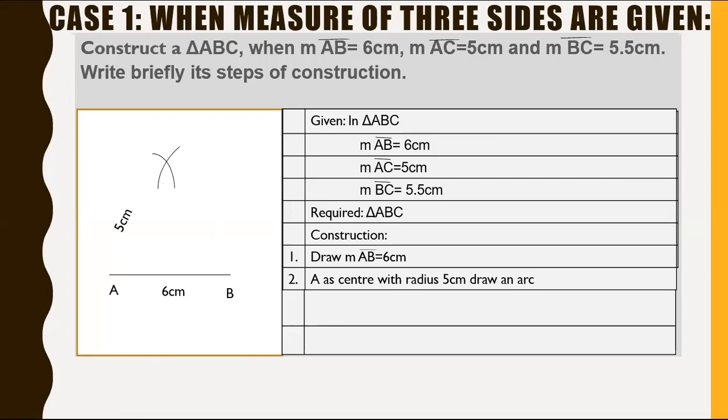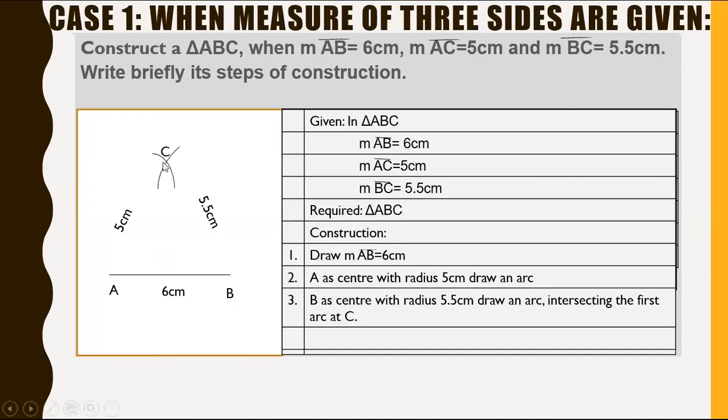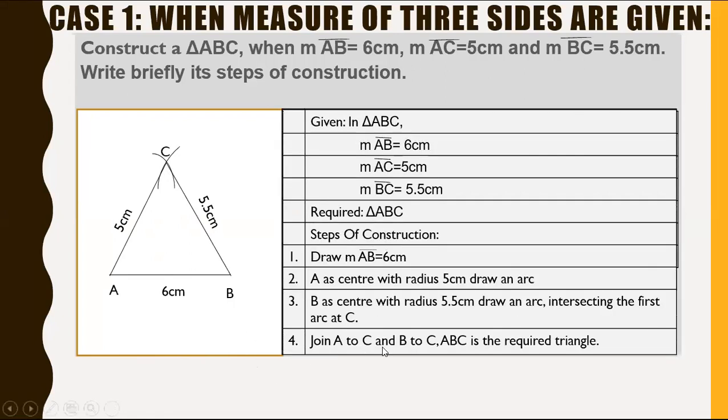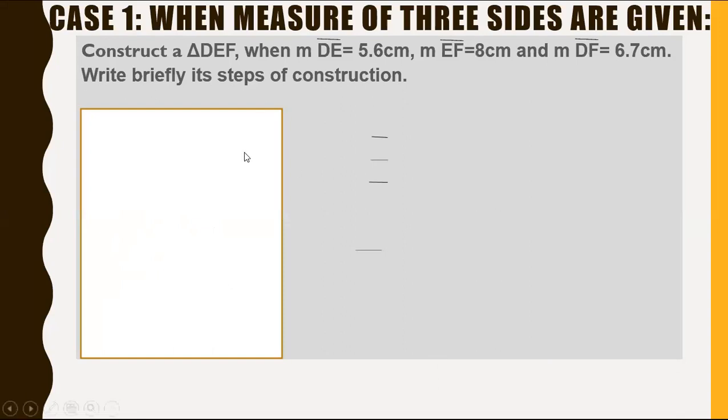Draw an arc. Here I have drawn an arc which cuts the previous arc at point C. So I have written this as a step of construction over here. Now join B to C and C to A. So write it down in the steps of construction like this. So ABC is a required triangle.